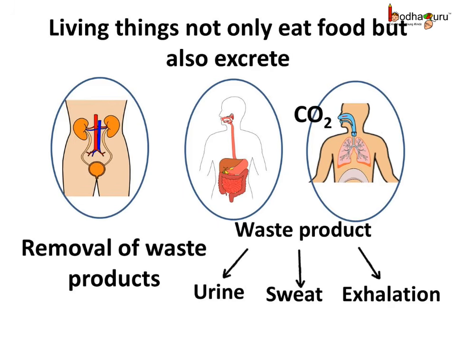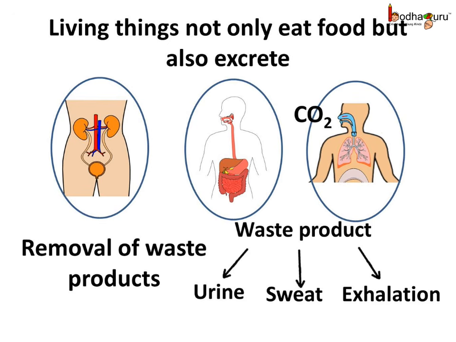So, all the living things take in food, but only a part of it is utilized by the body. What happens to the rest? Also, our body produces some waste in other life processes. There are several processes that take place inside the body of a living organism, like respiration, digestion, etc. In each process, some waste material is produced.